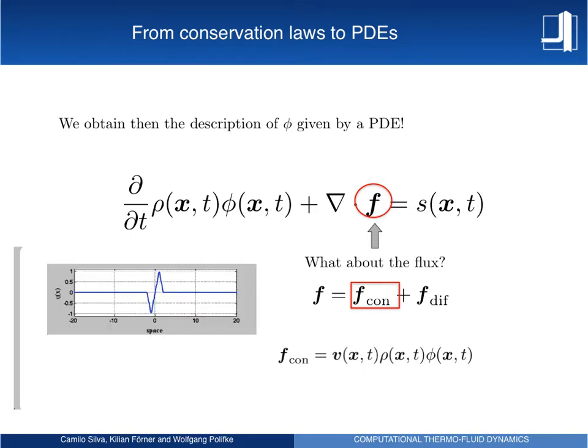This can be represented by an example you will do this week, on the convection of a given perturbation. Imagine you have a perturbation, and this perturbation is going to be just convected by the carrier fluid. So how does it look? You see that the initial perturbation, in this kind of two triangles, let's say triangular shape, is just convected.